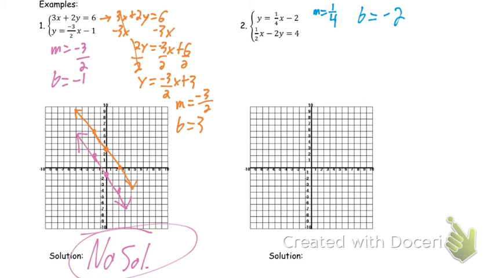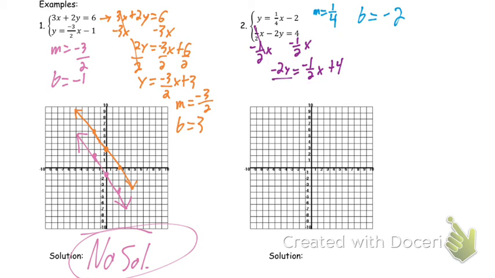Okay. Second equation, is it solved? No. What do we have to do first? Solve it. Subtract 1/2 x. Negative 2y equals negative 1/2 x plus 4. Now here's the thing. How do we get y by itself now? Divide by negative 2. But wait, if I divide, I'm creating a double-decker fraction, right?